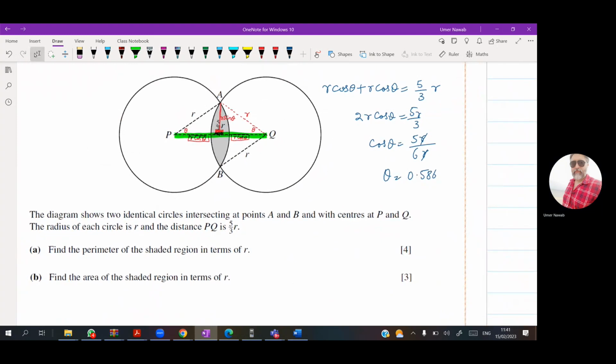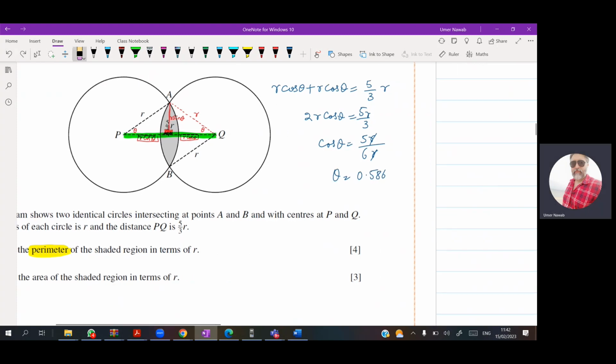Now we want to find our perimeter. Will you allow me to do one very important thing? If I don't want to calculate this theta, I got this answer, but why not, since everything is becoming exact to me, so my cosine theta is 5 over 6.